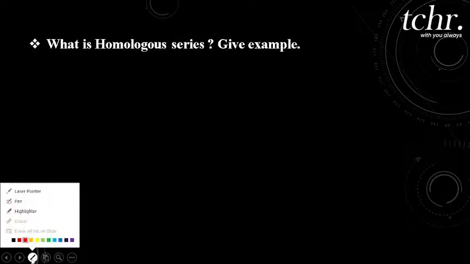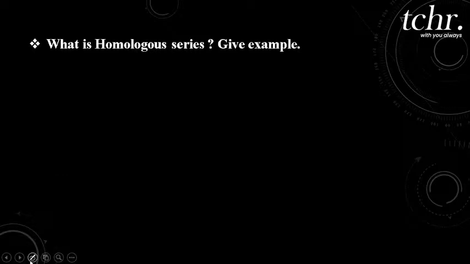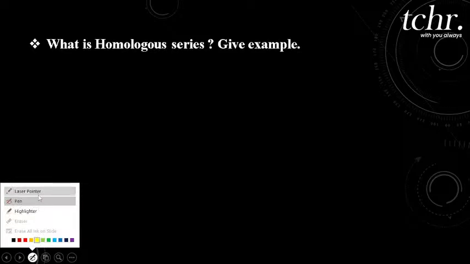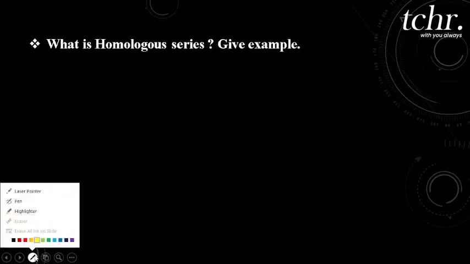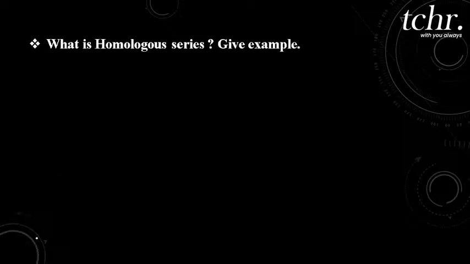So you know that you take any compound, alkanes, alkenes, alkynes or any functional group compound, one compound to the other differs by a CH2 group. For example, if I take ethanol, so first I am writing an example.